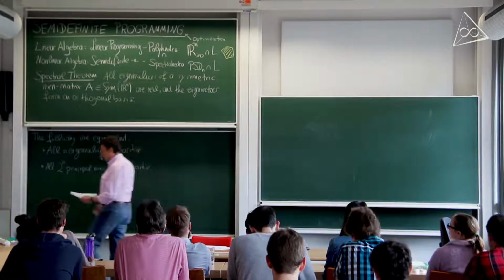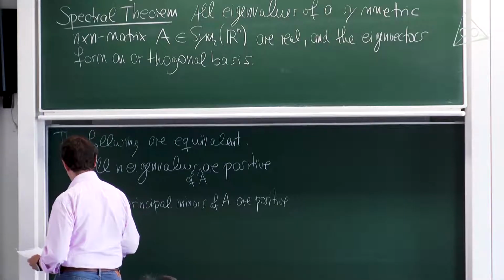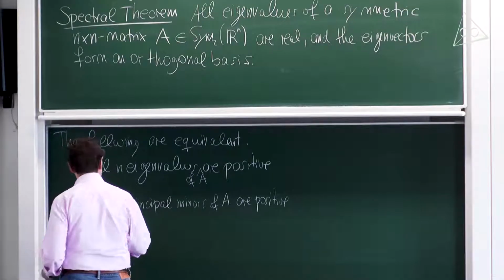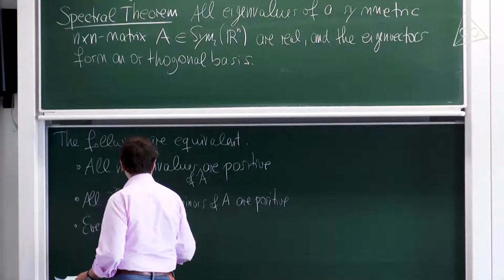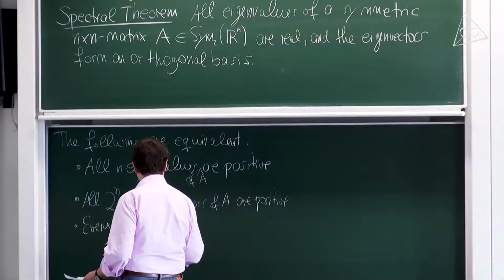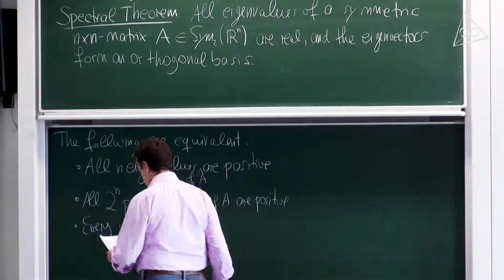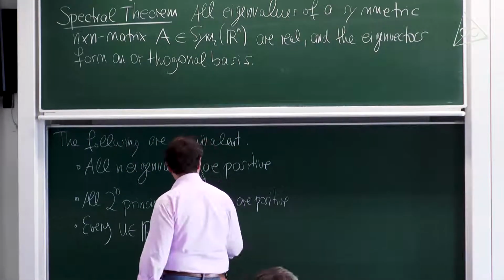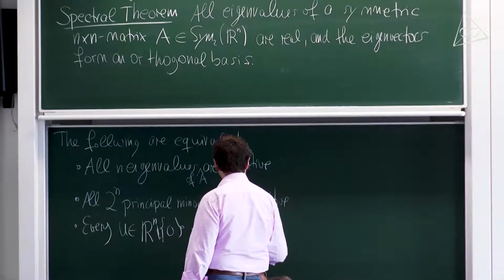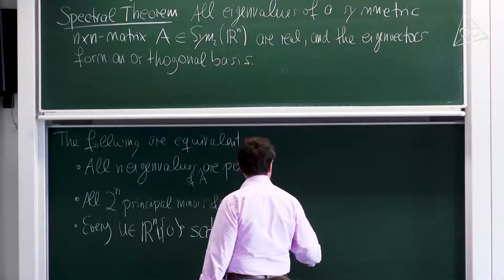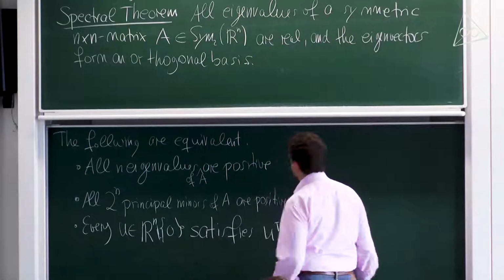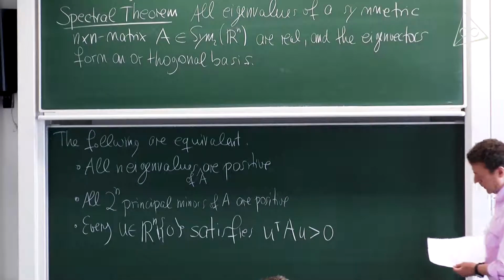Finally, third, the quadratic form is positive: every non-zero real vector in R^n satisfies that the quadratic form takes a strictly positive value on that vector.